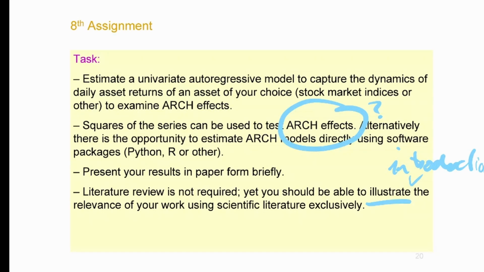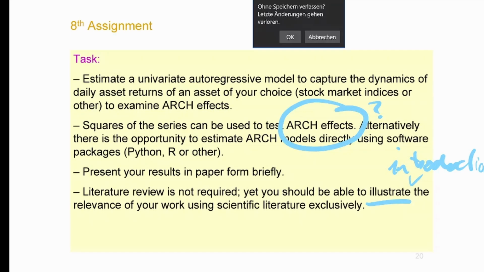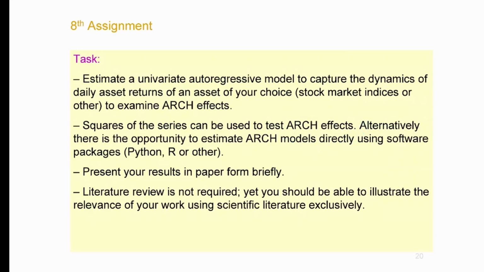But you do it differently because you would say, these guys were estimating the models directly. I'm going to estimate an AR process for the squares of the returns and see what's happening, in addition to the work these guys had done.